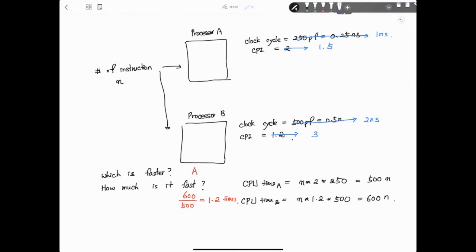Then which is faster and how much faster? So A is faster or is it the same?